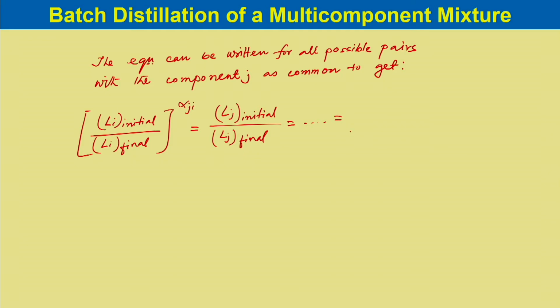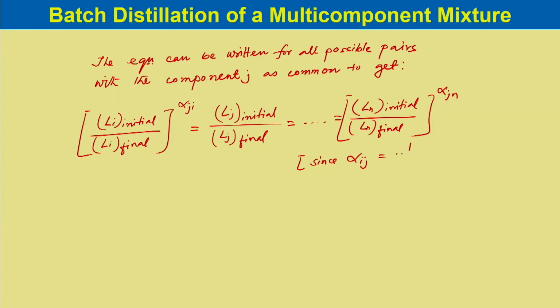You will get Ln initial divided by Ln final to the power alpha jn. This is because alpha ij is equal to 1 by alpha ji.